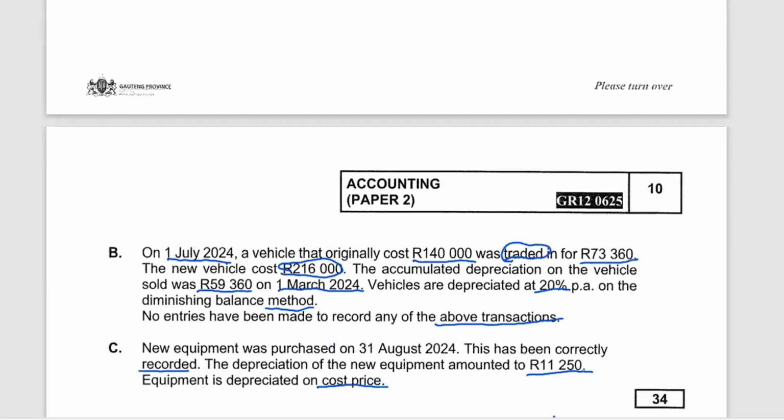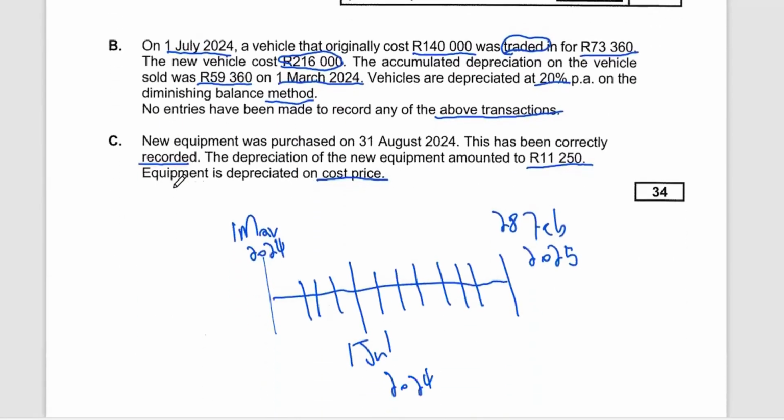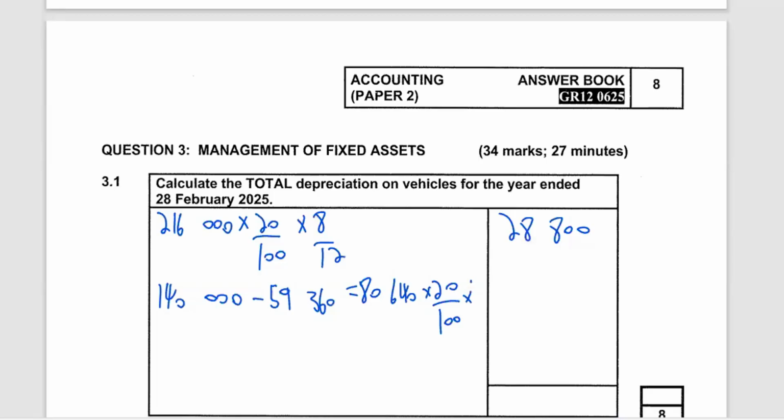Now we have to calculate the number of months. So this vehicle, we started using it 1st March. Then we traded in on 1 July. So how many months did you use it for? 1, 2, 3, 4. If it was 31st July, we're going to count July as our 5th month. So we're going to say 4 divided by 12.